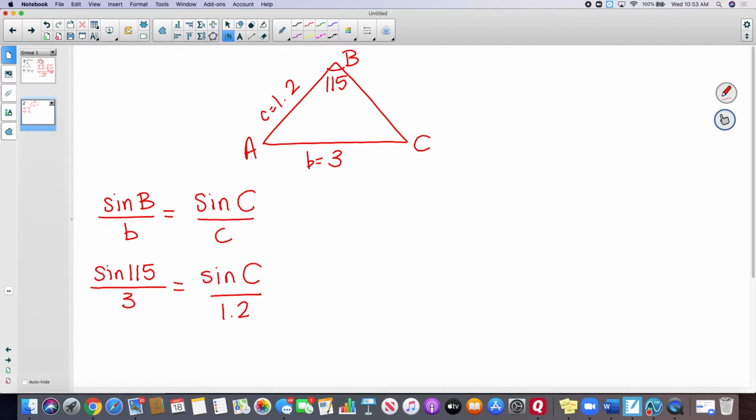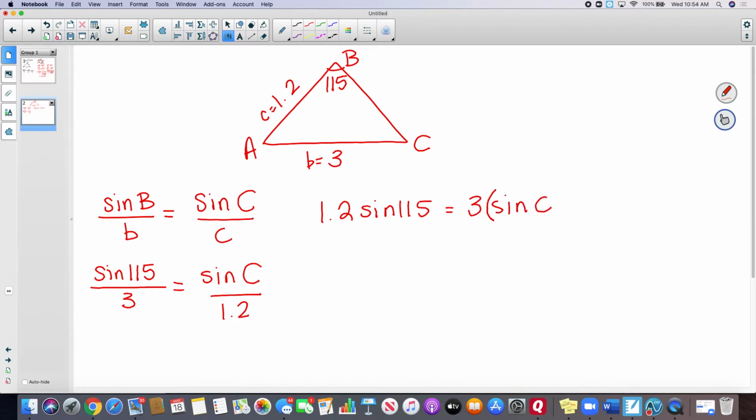Now in this case we're using an angle measure. And so you should already know from before spring break that when we are looking for an angle measure, we're going to end up having to use inverse sine, the sine to the -1. So let's go ahead and cross multiply this. So I'm going to get 1.2 sine 115 equals 3 sine c.